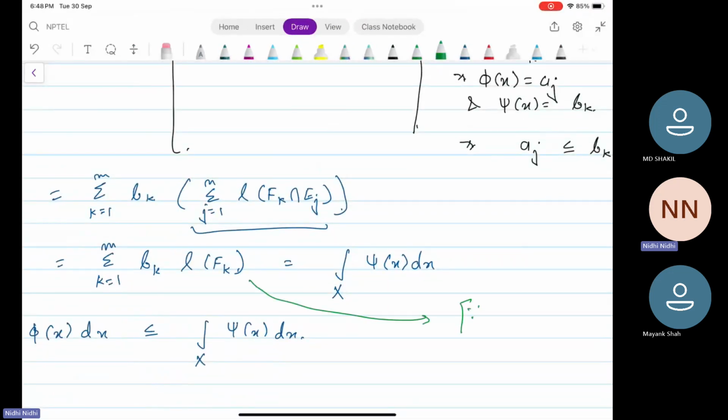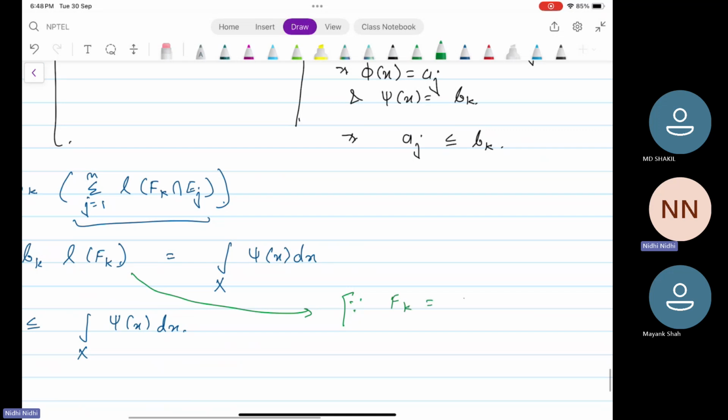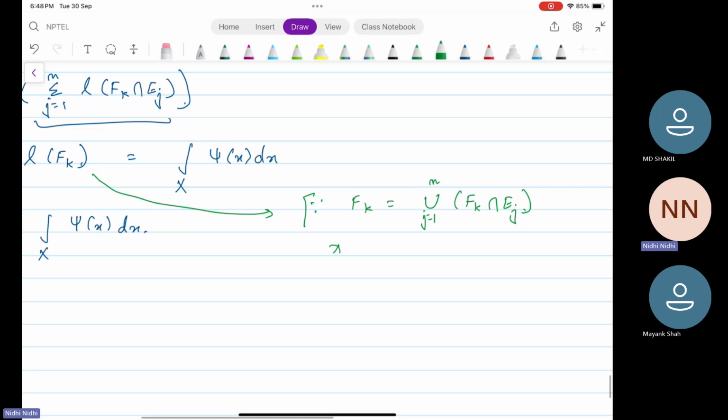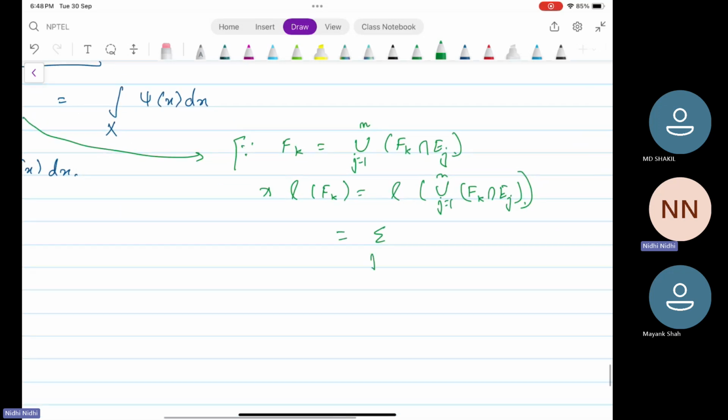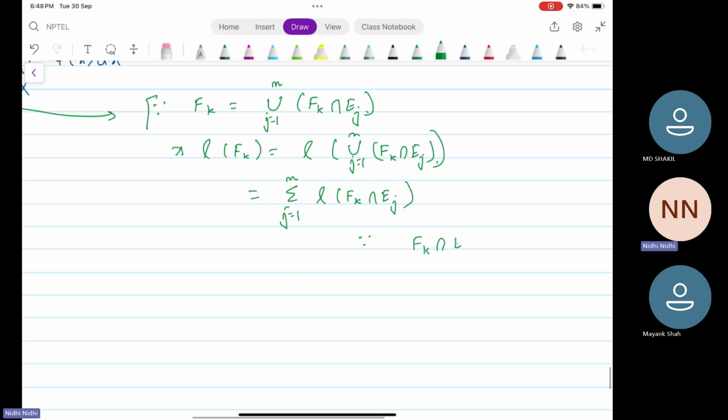This happens because this fk is equal to union j from 1 to n fk intersection ej, which implies length of fk is equal to length of union j from 1 to n fk intersection ej, and this will be equal to summation j from 1 to n length of fk intersection ej, because fk intersection ei intersection fk intersection ej will be fk intersection ei intersection ej.